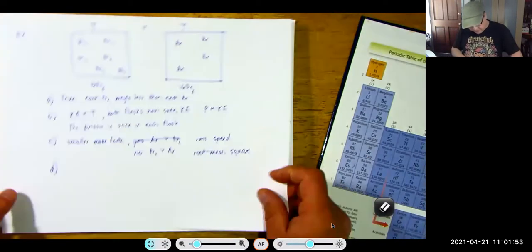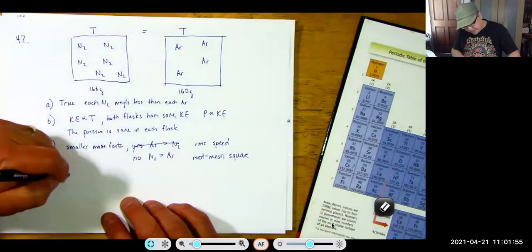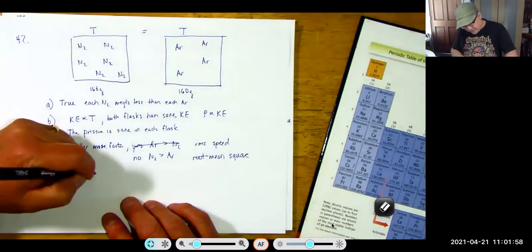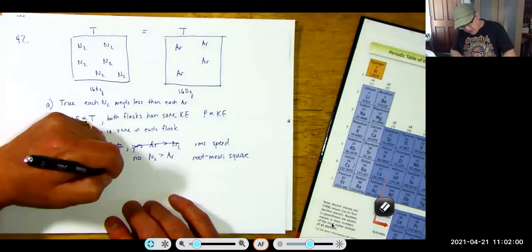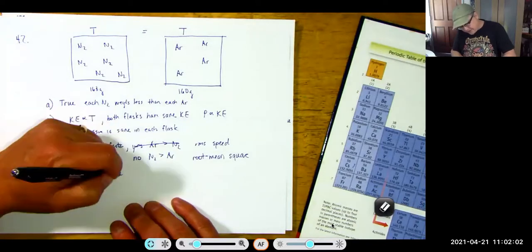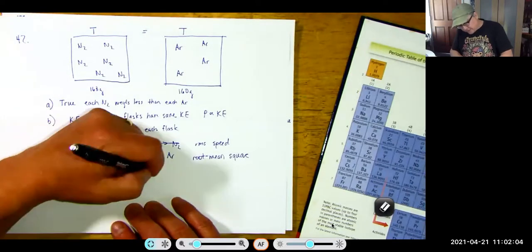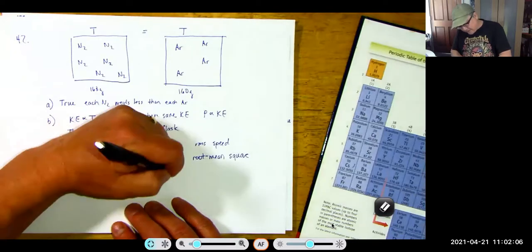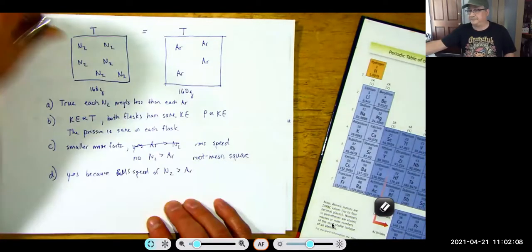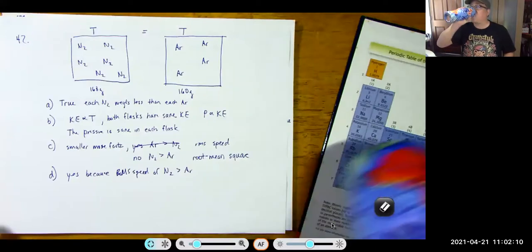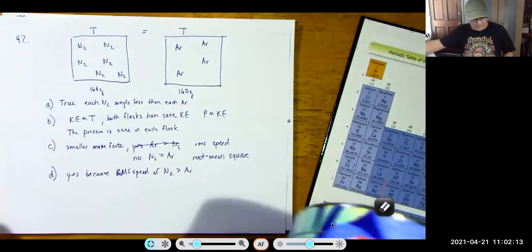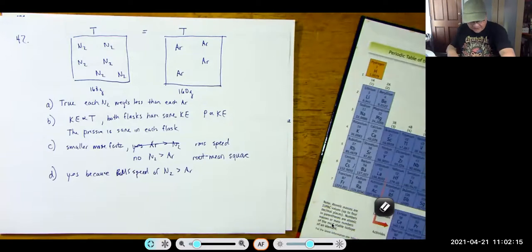So you would say yes, because the velocity, or we could say the RMS speed, of nitrogen is greater than that of argon. All right, that's number 42.